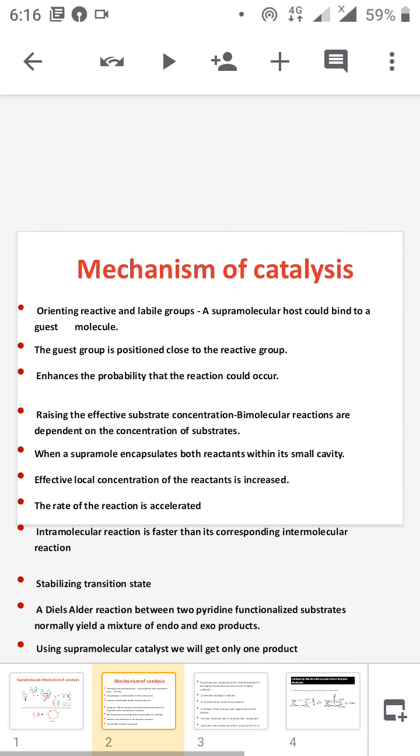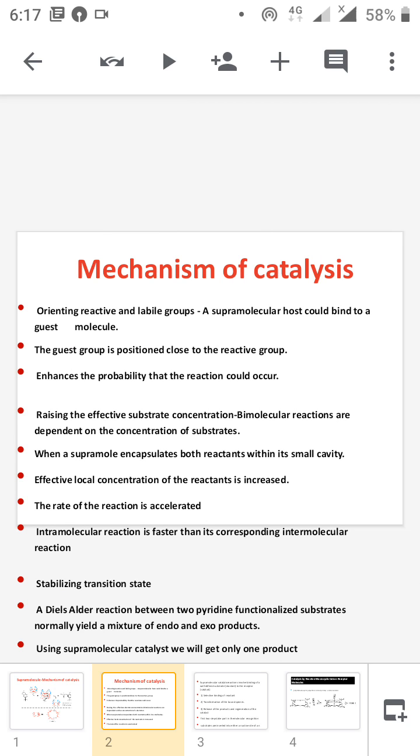Now we are moving into some of the mechanisms of catalysis by the supramolecule. For every catalytic process, the reactant molecule must have a particular orientation, and the concentration of the reactant molecule in the active site of the catalyst is very important.